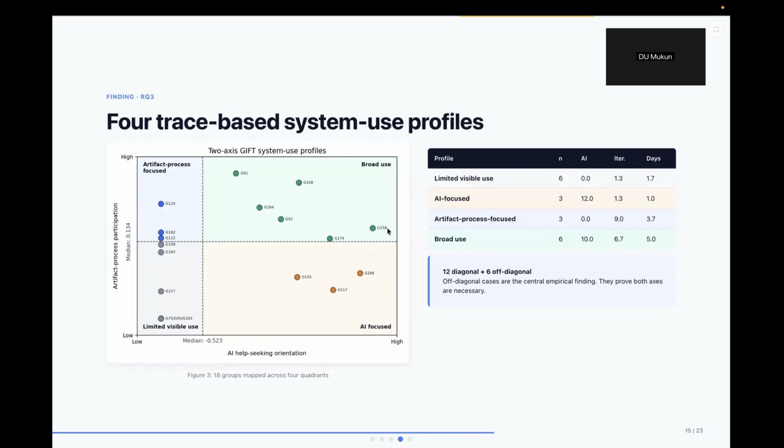We found a very limited visible use, and also 6 groups, they have a very widespread of using the system, and also have 3 unevenly used groups. 3 of them are AI focused, and 3 of them are artifact process focused. So we overall have 12 diagonal and 6 off diagonal, which means unevenly used.